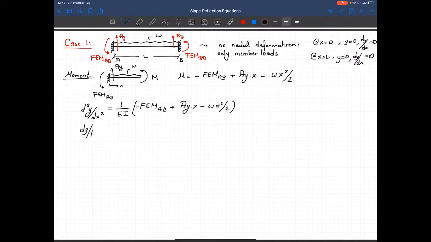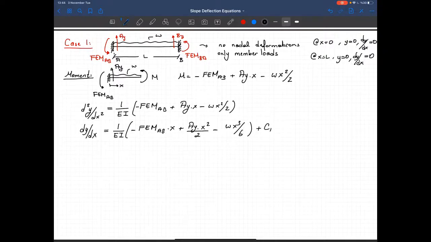Integrate that equation once. I have dy over dx is equal to 1 over EI times minus fixed moment AB times X plus AY X squared over 2 minus W X cubed over 6 plus c1.